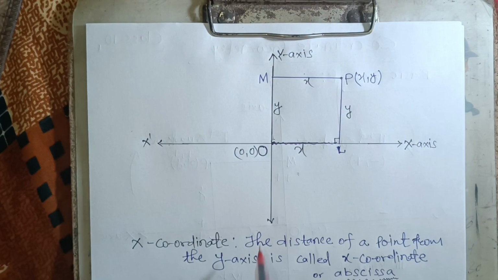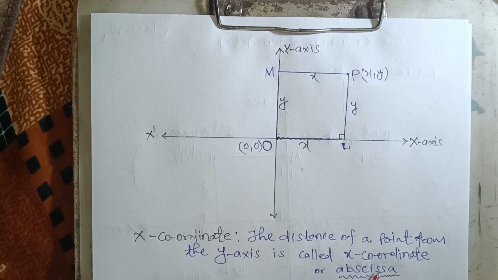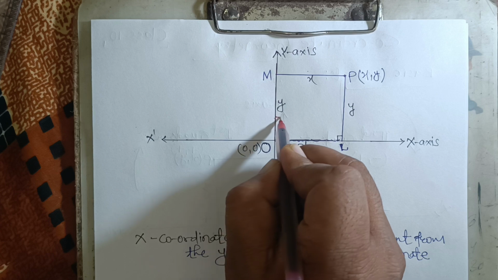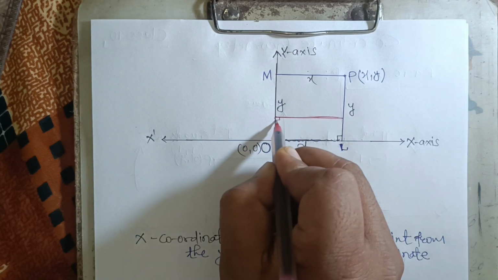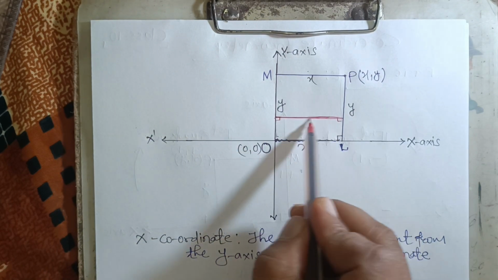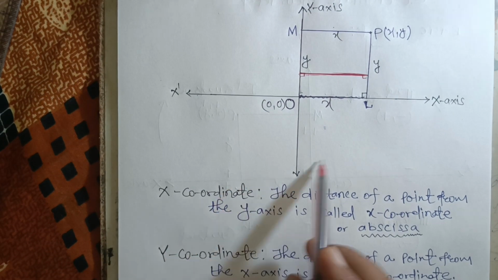Here x coordinate: the distance of a point from the y-axis is called x coordinate. This distance of a point from the y-axis is called x coordinate.